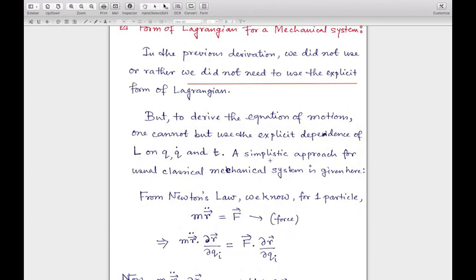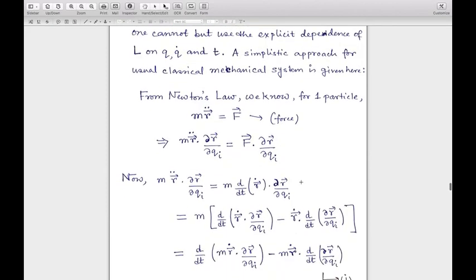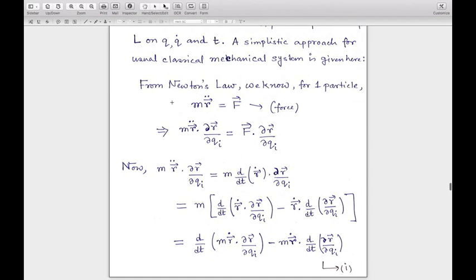Okay. Now, we first start with a simplistic approach for a usual classical mechanical system. The governing equation of traditional classical mechanics is Newton's law, so we start from Newton's law here.